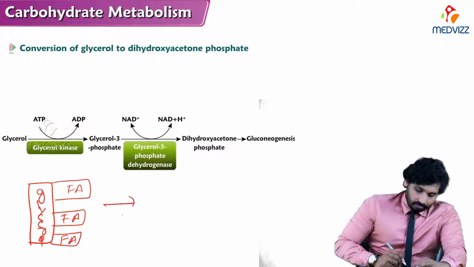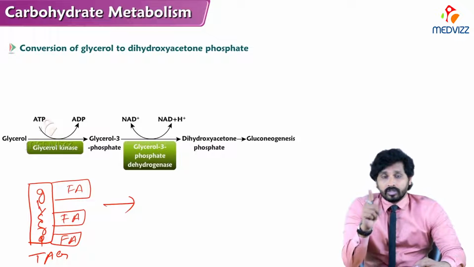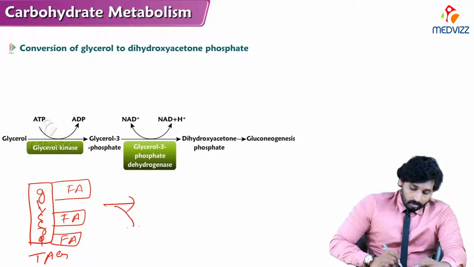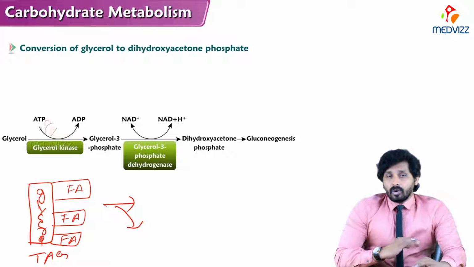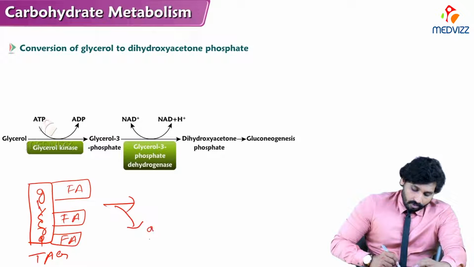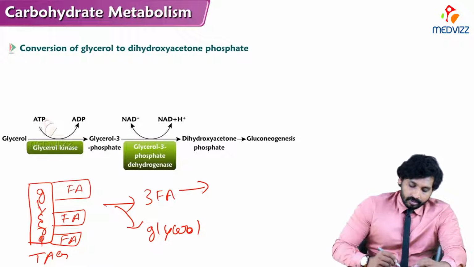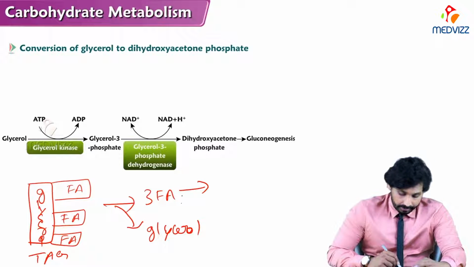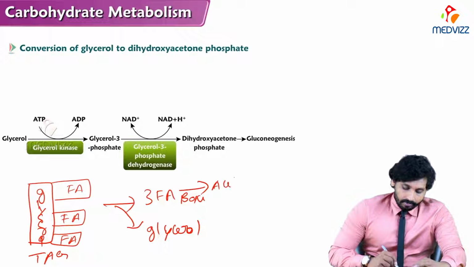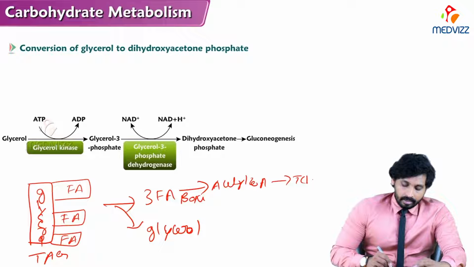When this is TAG, that means 3 fatty acids attached to one glycerol molecule. When there is a breakdown of TAG, it forms glycerol and 3 fatty acids, and these fatty acids will undergo beta oxidation and form acetyl-CoA, and the TCA cycle gives energy.